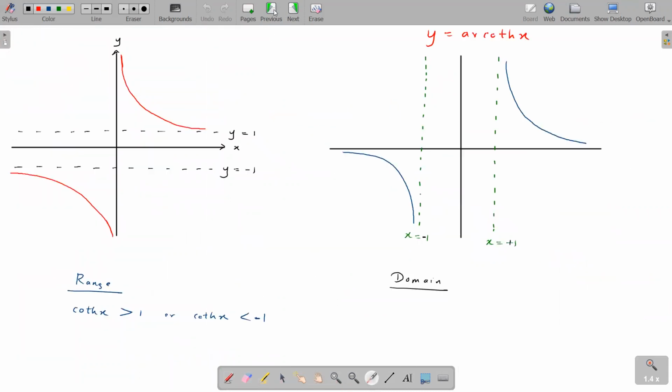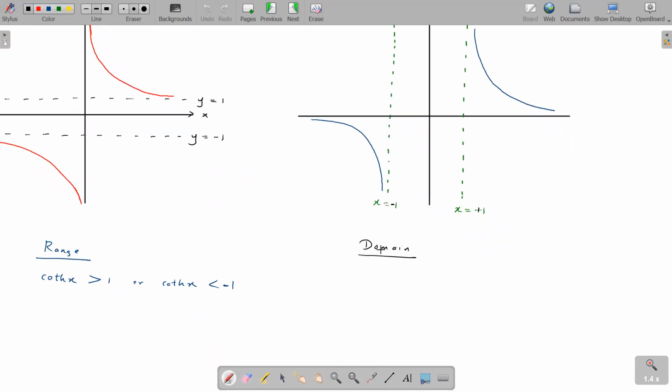Does that make sense? Over here your x values are greater than 1 or smaller than -1, so another way of saying this is that modulus x is greater than 1, because the modulus is the magnitude and it should be bigger than 1.